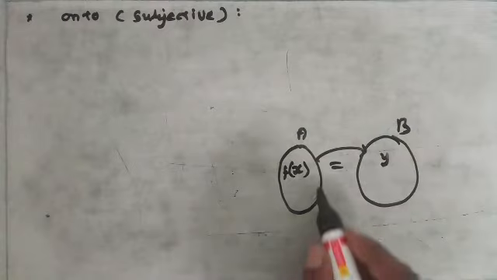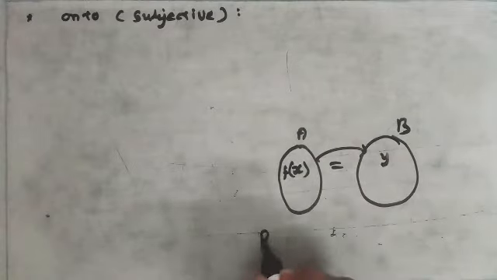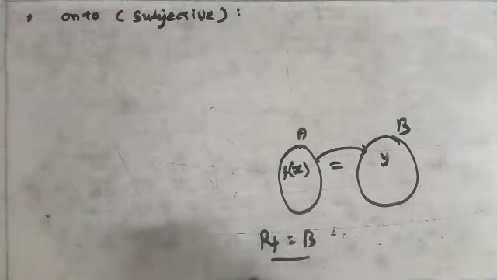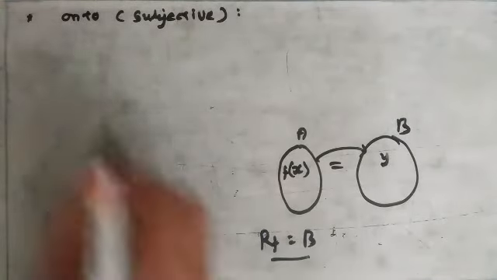That means the range of the given function f is equal to its codomain, then we say that the given function is an onto function. Clear? So remember this definition of onto function.